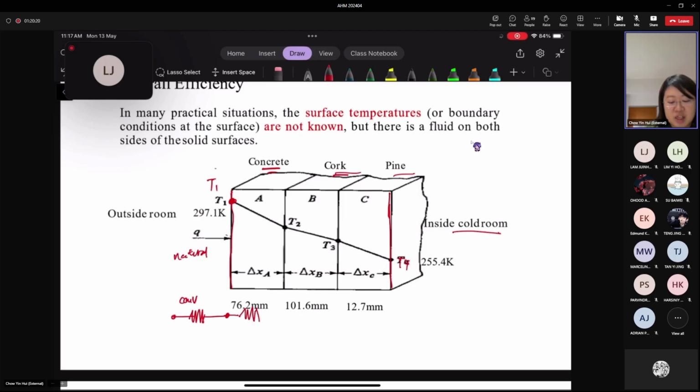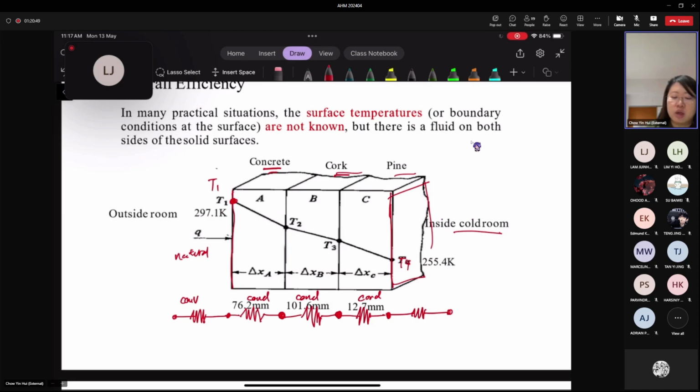Wind is actually not forced convection, because it's due to density difference and pressure difference that causes the air to be set in motion. Then you have 3 resistances where heat is transferred by conduction through the concrete, cork, and pine layer. And the last one is heat transfer from the surface of the pine to the environment.